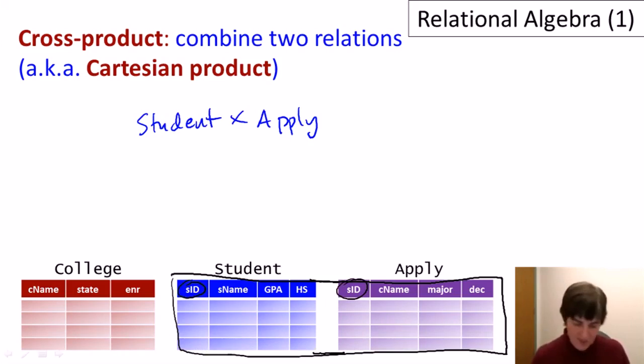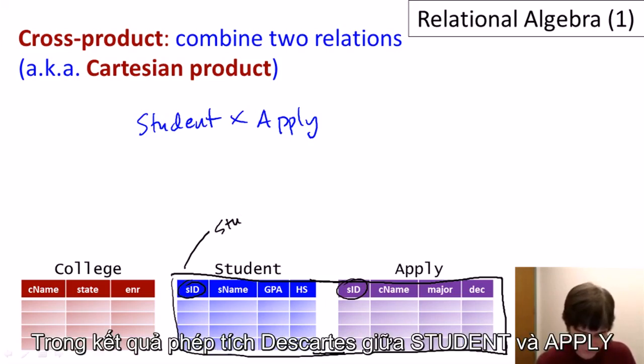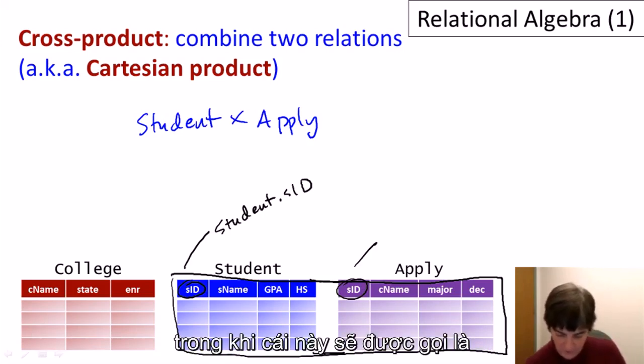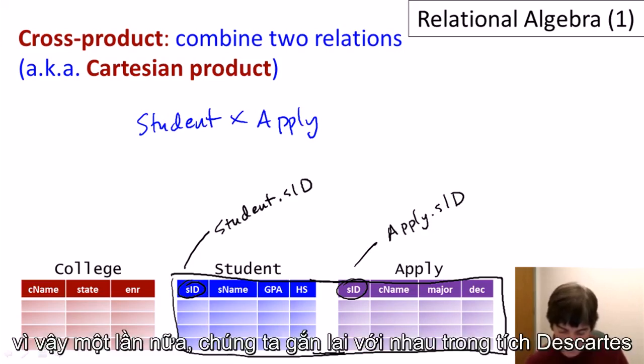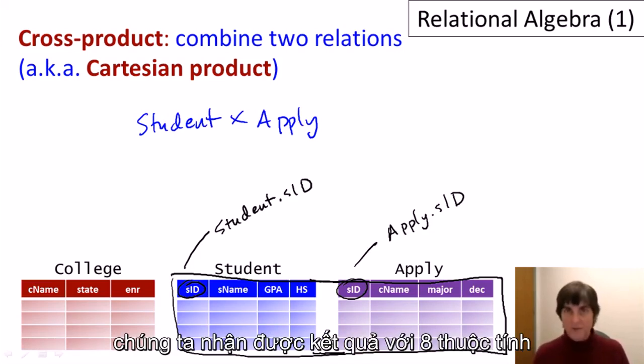So as a notational convention, when cross product is done and there are two attributes with the same name, they're prefaced with the name of the relation they came from. So this one would be referred to in the cross product as student.SID, where this one over here would be referred to as apply.SID. So again, we glue together in the Cartesian product the two relations with 4 attributes each, and we get a result with 8 attributes.